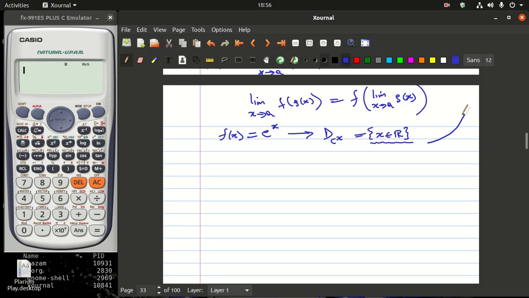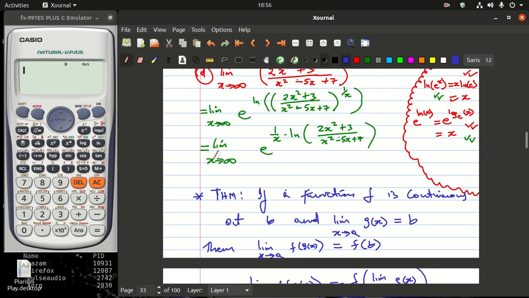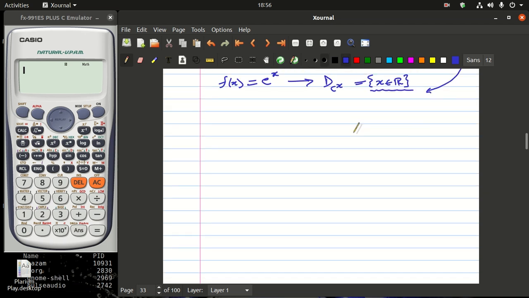It is nicely plotted like this. So this function here is going to be continuous at infinity. So which means that I can just jump this e and take the limit of what is happening in the exponent there.